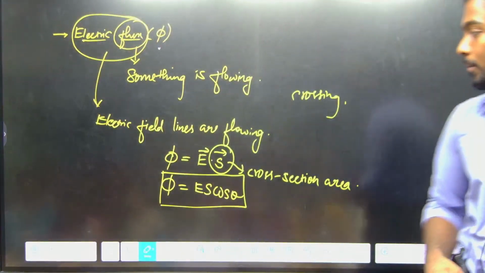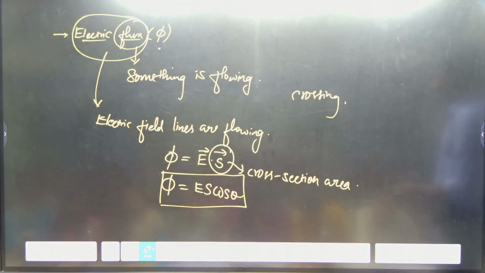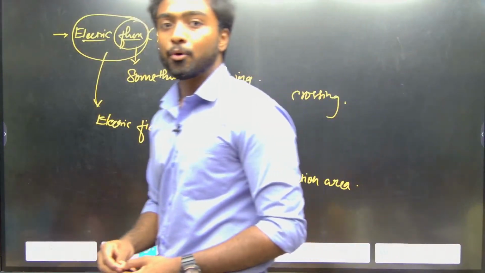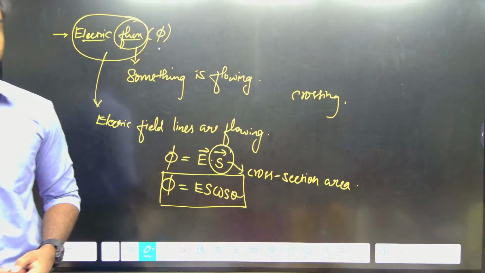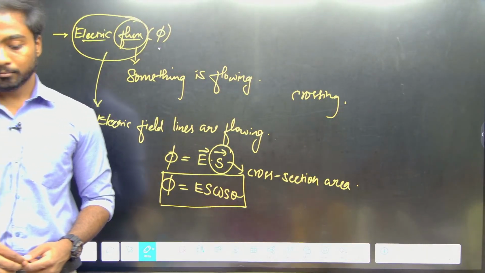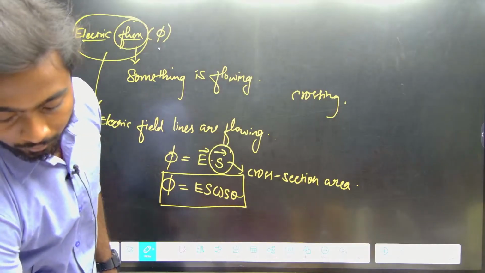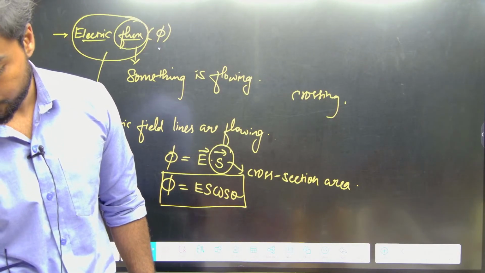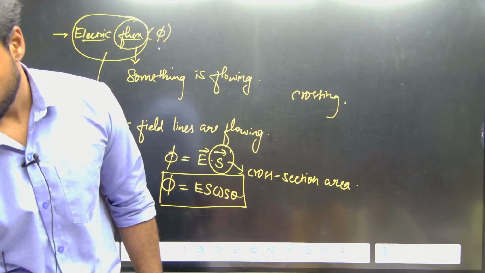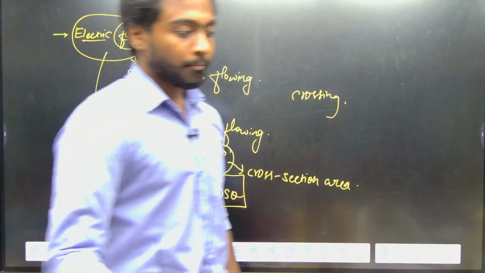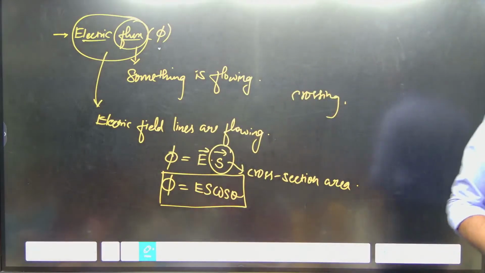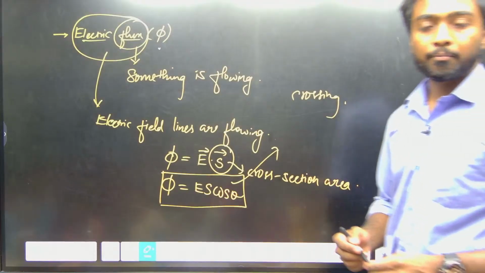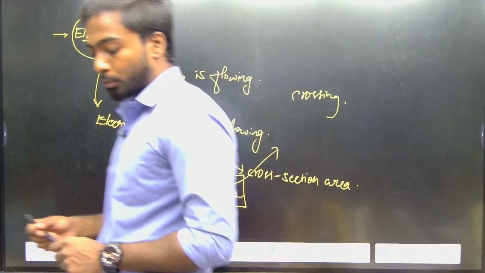The formula is phi is equal to E dot S or else ES cos theta. So similar to work done, like force into displacement. Okay. So this formula is for uniform electric field.